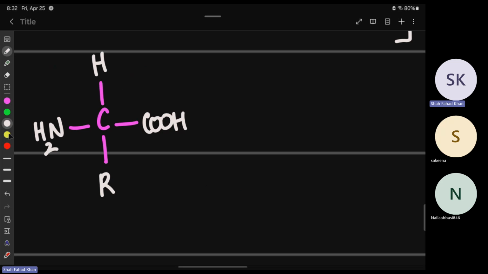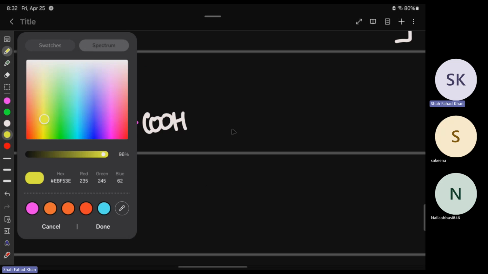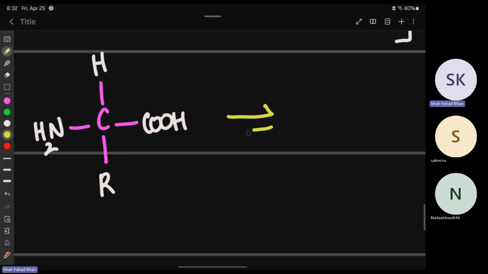It will undergo some changes. The acidic end, because it's an acid and acids can donate protons, is going to lose a proton, an H positive ion.